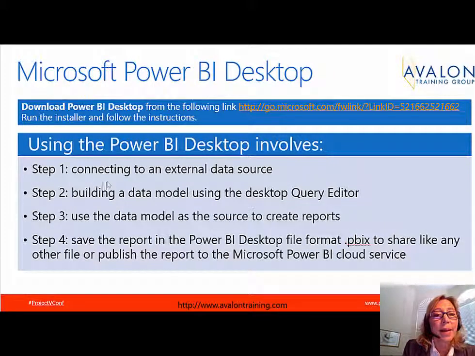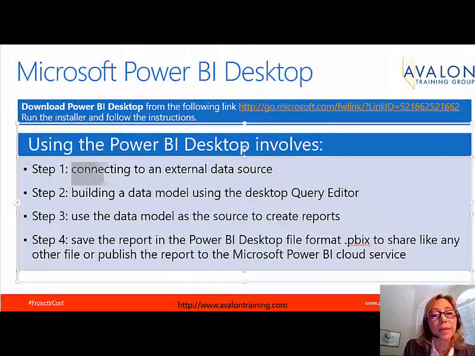I'm going to be going through a demonstration on how to do this, but I want to go through the steps at a high level. Step 1 is connecting with the external data source. And when you connect with the external data source, you're going to put in the URL for that OData feed. Step 2 would be to build your data model. And building a data model involves using something called the desktop query editor.